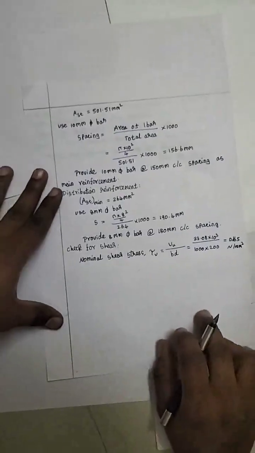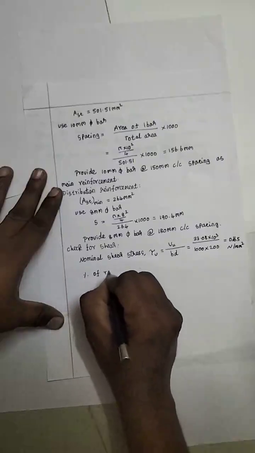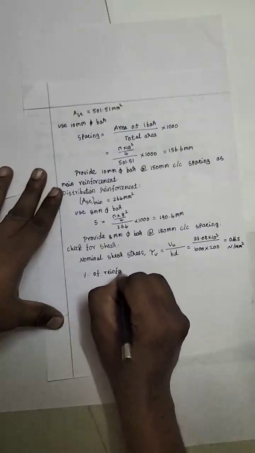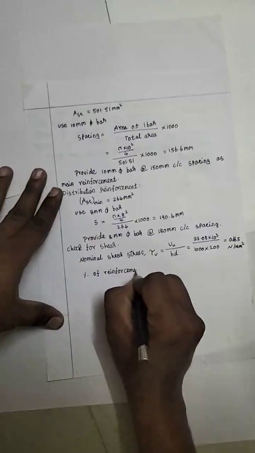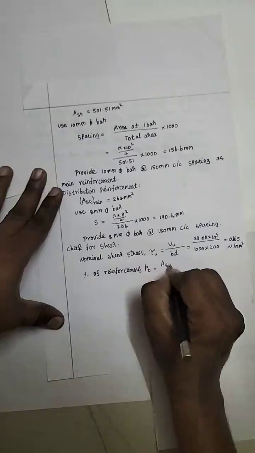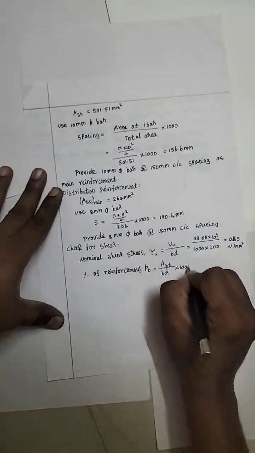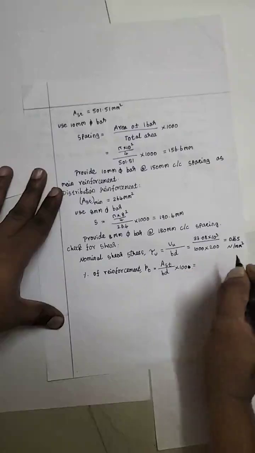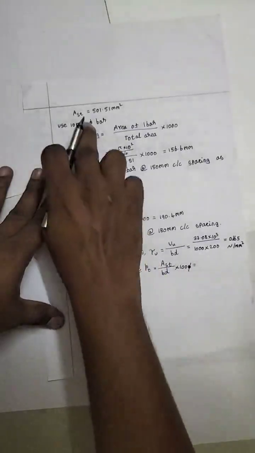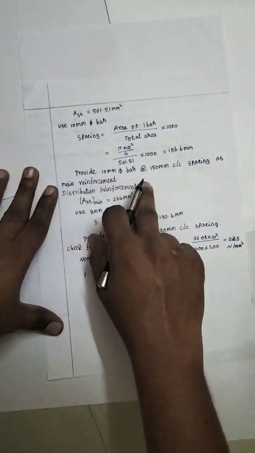Next step is we need to calculate the percentage of main reinforcement. Percentage of reinforcement, PT equal to AST divided by BD into 100. Here we can use either this value or the value depending upon the spacing. I am going to use it based on the spacing.